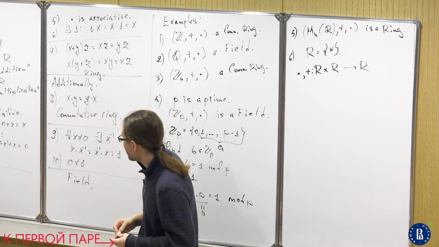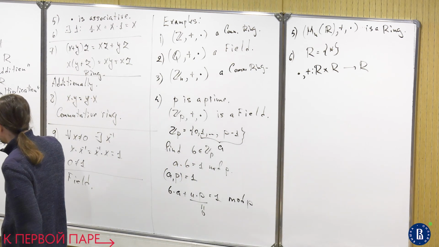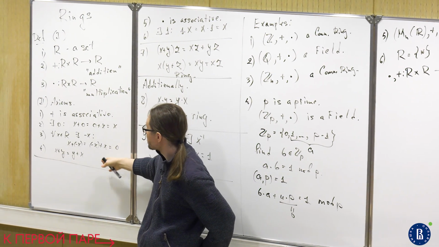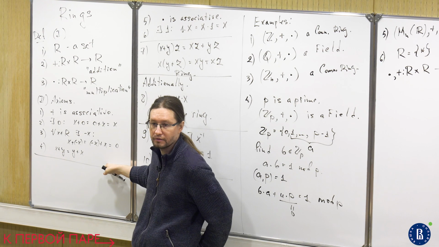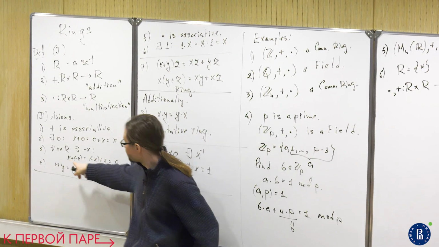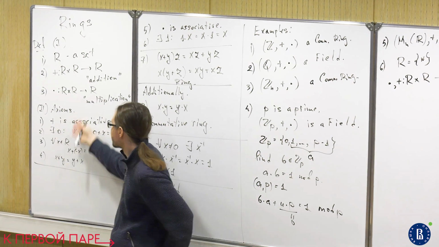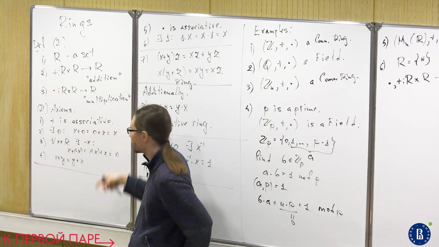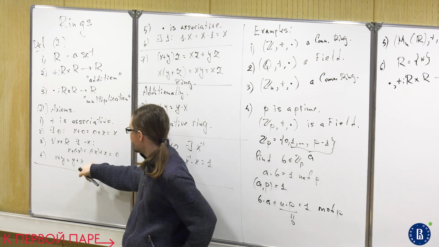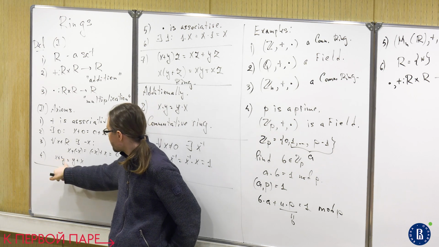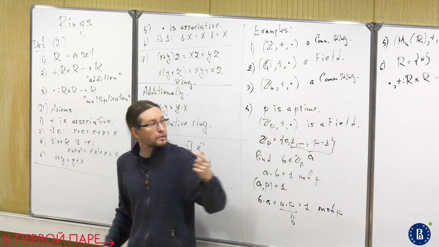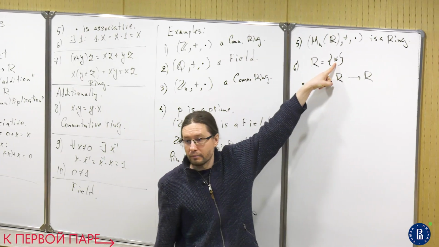Now, a straightforward computation shows that the axioms from 1 to 4 are satisfied. Well, actually, in this case, all axioms, you can check that all of these are true. Well, why? Because if your axiom requires to check that some equality holds, well, in this ring, every element is the only element.